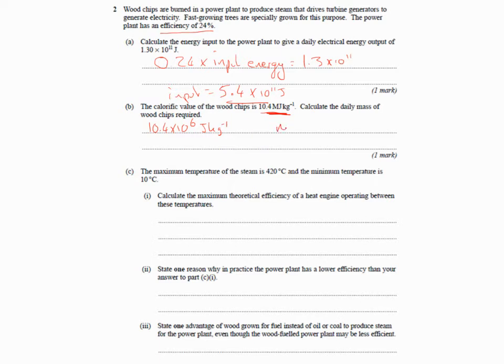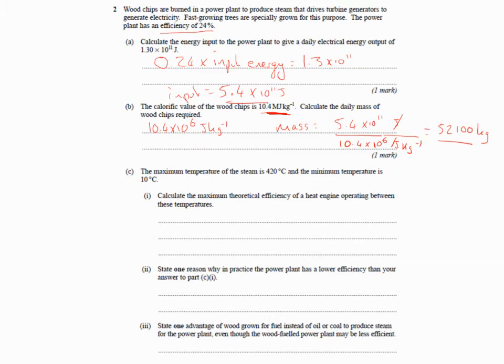So therefore the mass, it should be fairly obvious, is going to be 5.4 times 10 to the 11 joules over 10.4 times 10 to the 6 joules per kilogram. And if it's not obvious, hopefully now you can see from the units that joules cancels. 1 divided by kilograms to the minus 1 equals kilograms. So that obviously gives us our mass, which is 52,100 kilograms.